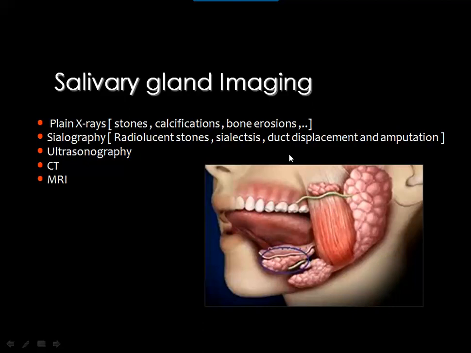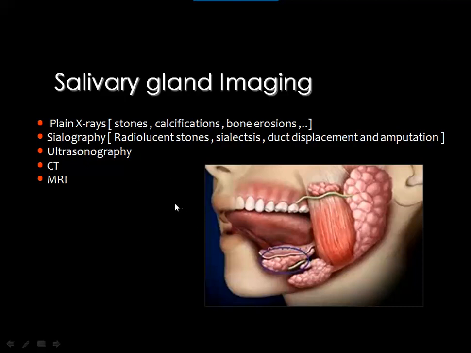lesions. Ultrasound is now one of the best imaging modalities for evaluation of many of the lesions in the head and neck, including the regions of the salivary glands. Ultrasound is a mobile unit that can reach the patient in the ward.